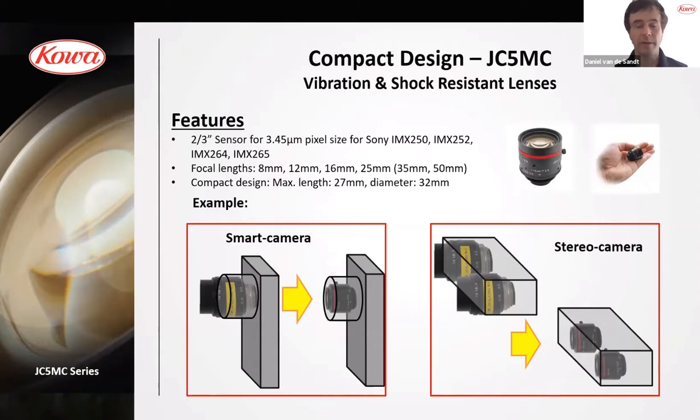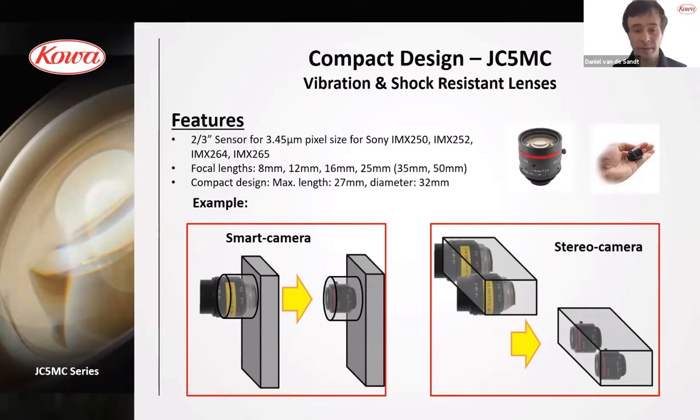This lens has a relatively high resolution, 2/3 inch for sensors with a pixel size of about 3.45 micrometer. By making certain trade-offs in iris, f-stop, and in resolution for distances further away, we could develop this very small, tiny lens, which only has a diameter of 3.2 centimeters and a maximum length of 2.7 centimeters.